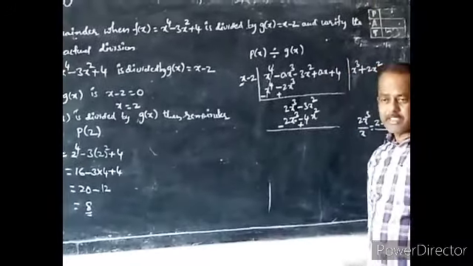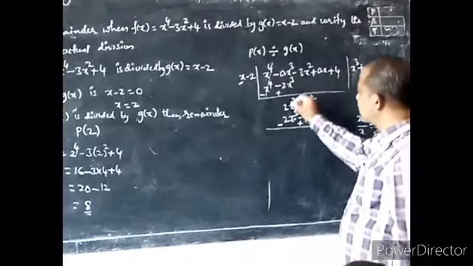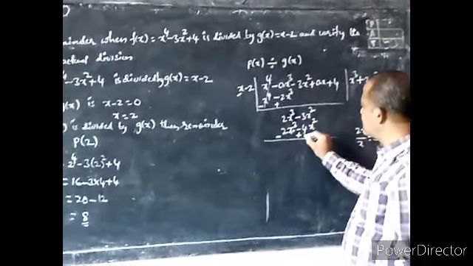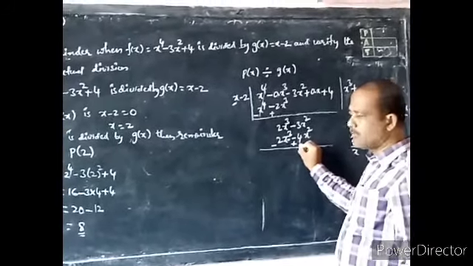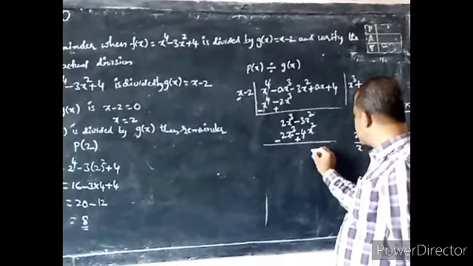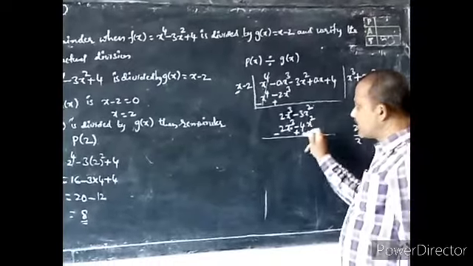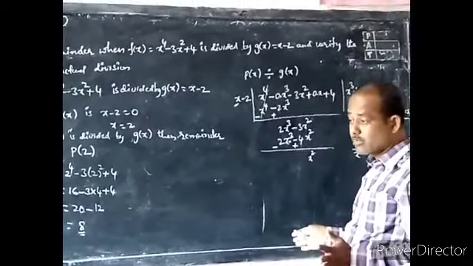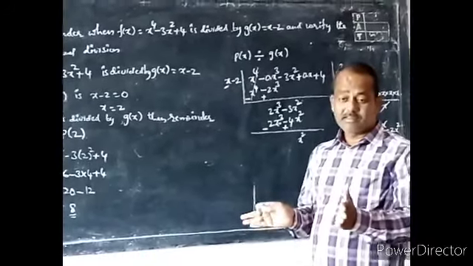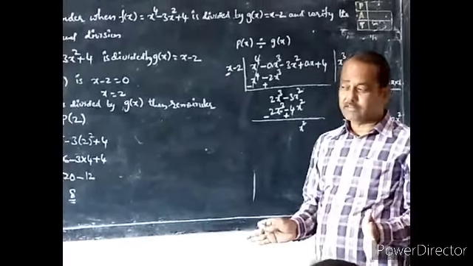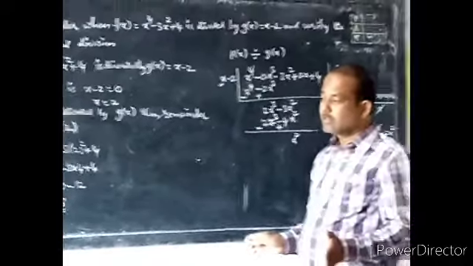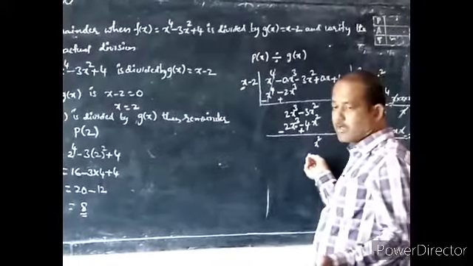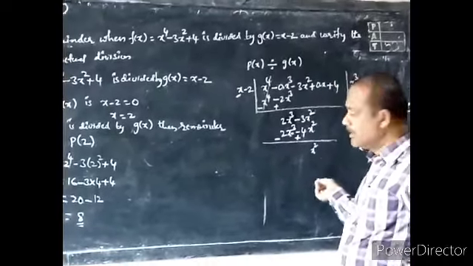Minus becomes plus, plus becomes minus. 2x cube minus 2x cube is 0. Now next, minus 3x square plus 4x square. X square as it is. Minus 3 plus 4, how much? Different symbols, so we should do subtraction. How much? 1.